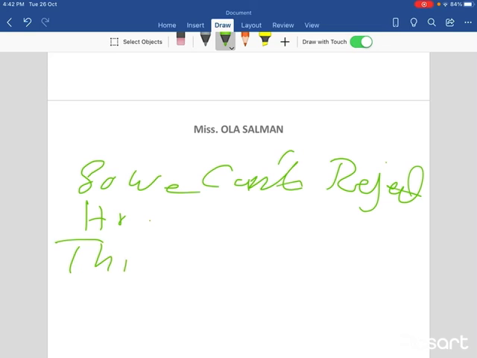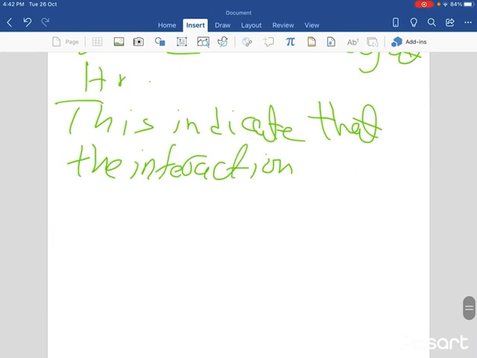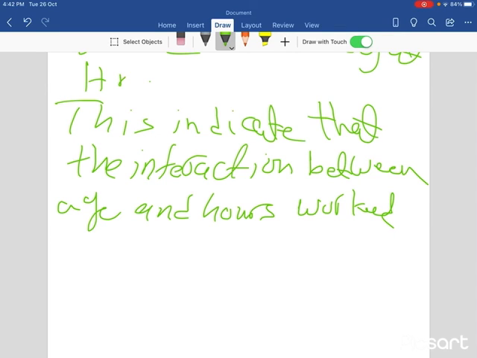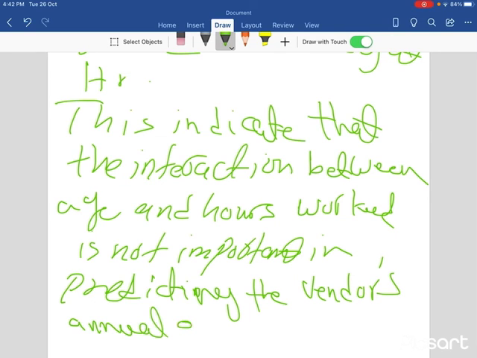This indicates that the interaction between age and hours worked is not important in predicting the vendor's annual earnings.